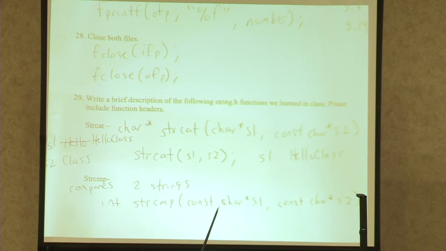If it has an extra letter, I think the one that's shorter comes first. So it checks the length too. Like bed comes before bedding, just because there's nothing there. Okay.